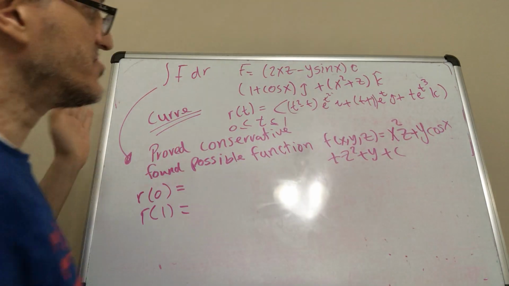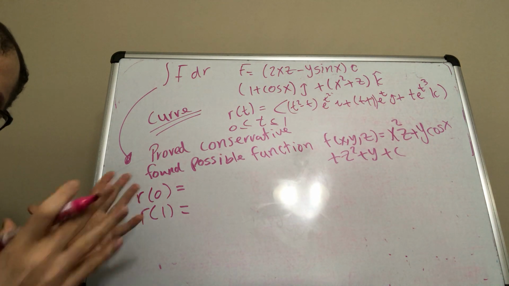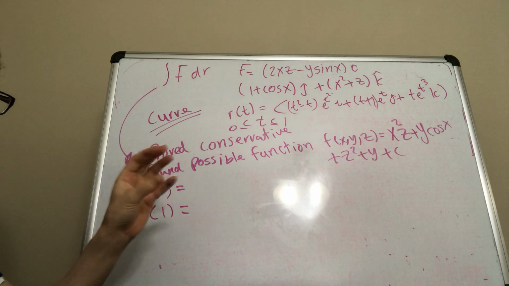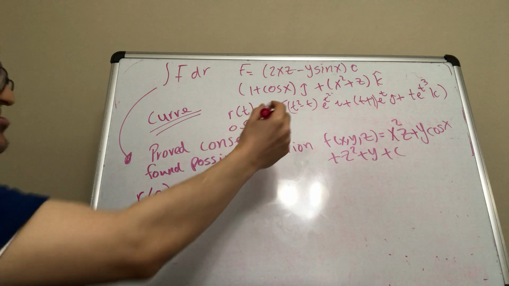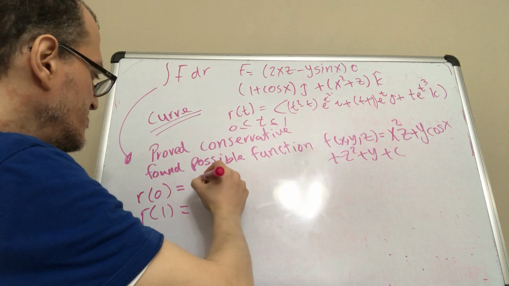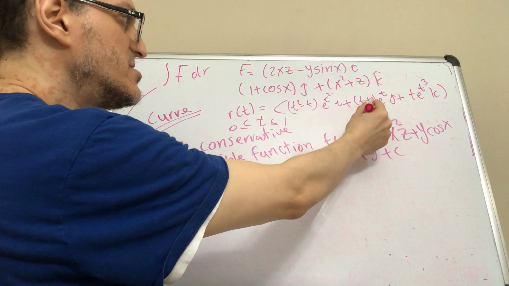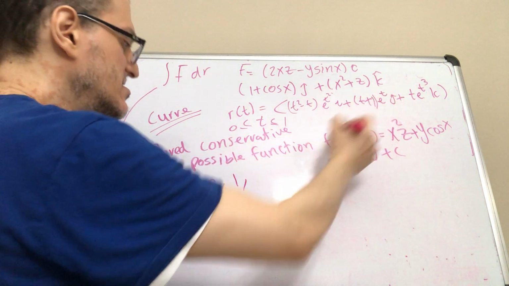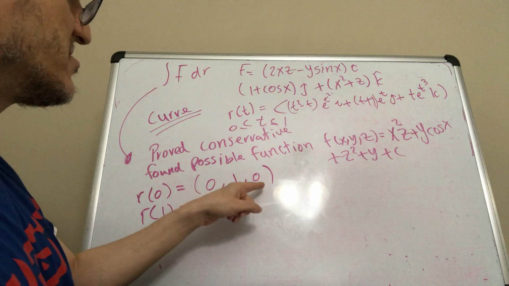So again, we need to see whether it starts and ends at the same point, not necessarily 0, 0, 0, like it starts at 1, 1 and ends at 1, 1, or different points. We plug in 0. 0 gives you 0 in the first one. 0 here gives you 1 times e to the 0, that's 1. And 0 here gives you 0. So 0 gives you 0, 1, 0.